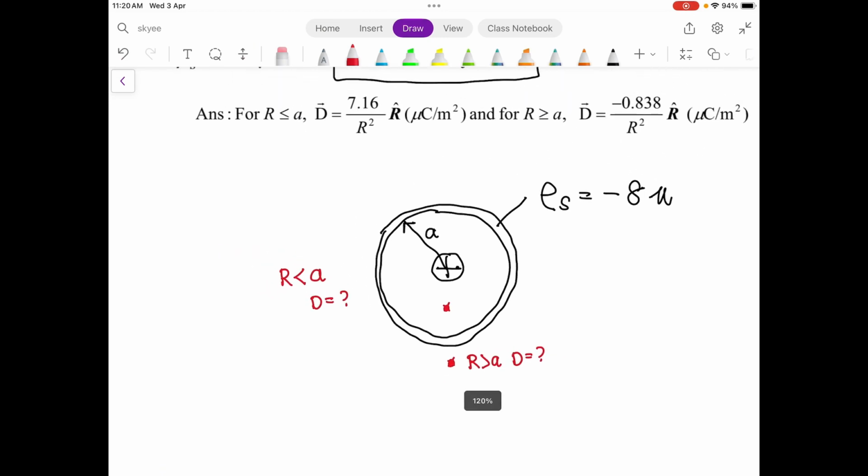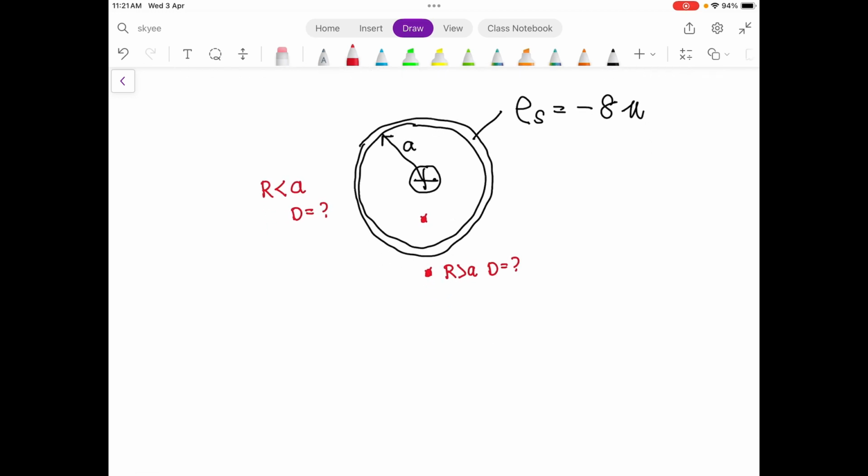So we go to the case of r less than A. This is the region where we want to find D. The first step is to construct a Gaussian surface, so I construct a Gaussian surface here.